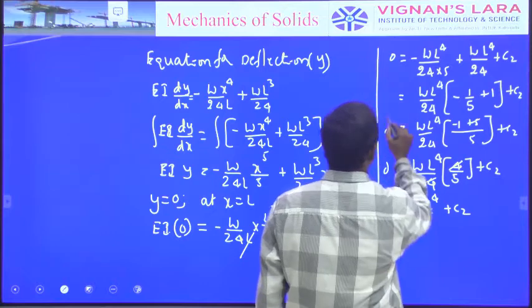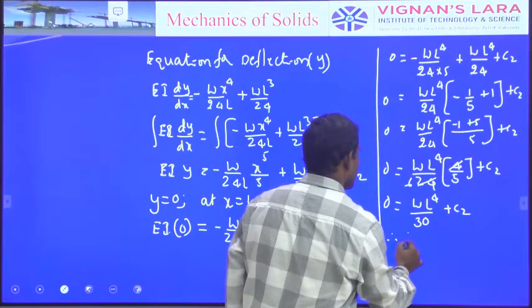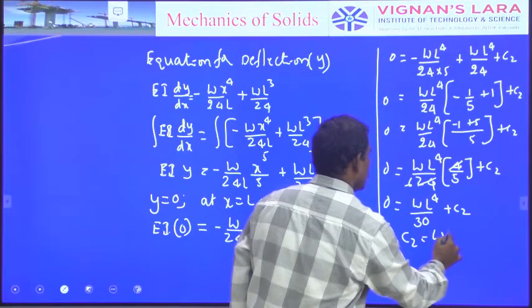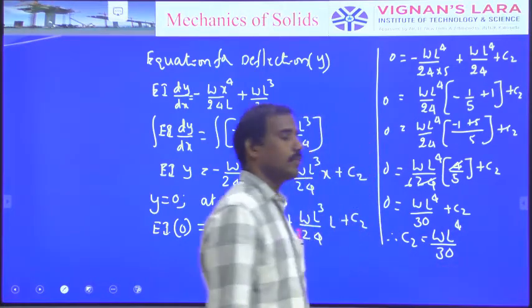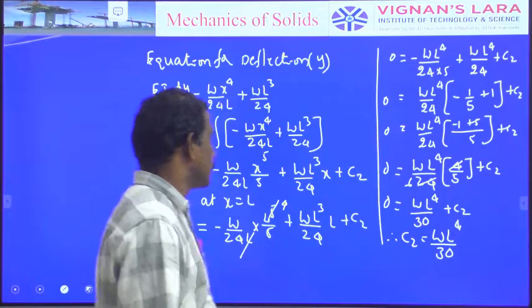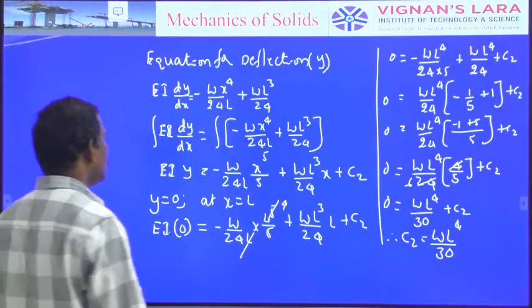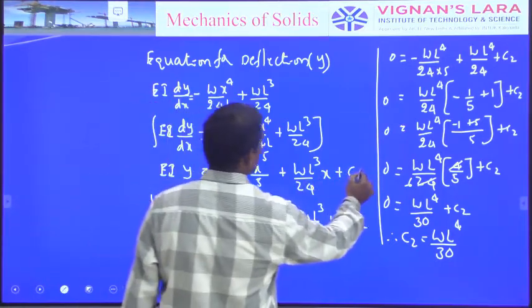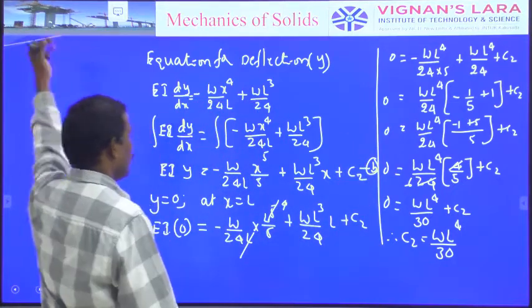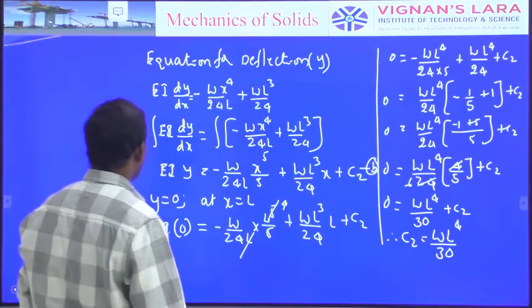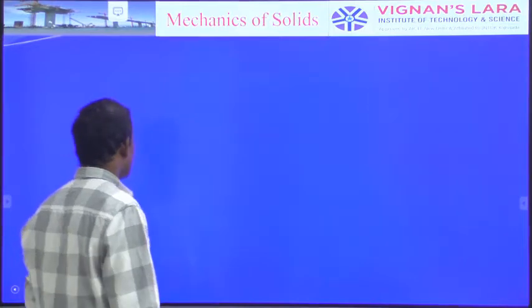Therefore, C2 is equal to WL power 4 by 30. Substitute this value in this equation, say as equation B.